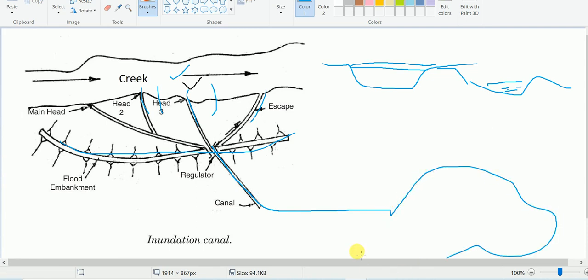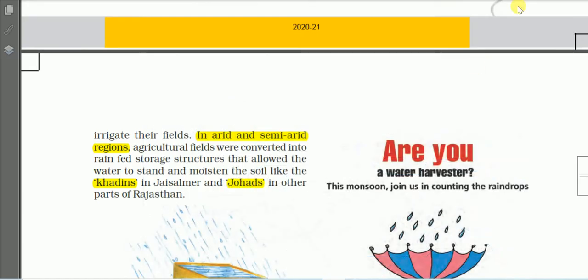For example, this is the agricultural field where the land is dry. So the water from the flooded area, let us say this area is flooded, is carried through the inundation canal and used in other areas. So this is known as inundation canals, and it is a practice in West Bengal.